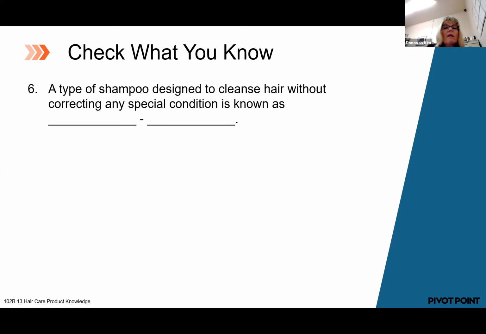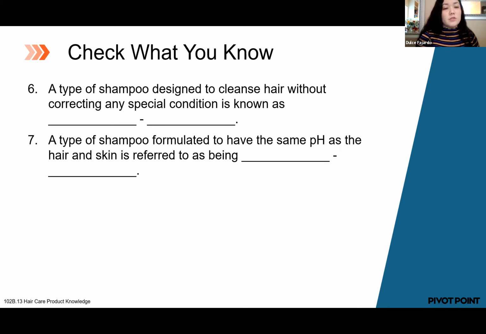Okay, Nick. A type of shampoo designed to cleanse hair without correcting any special condition. I don't know that one, Miss Connie. Okay, let's see how much I can remember. Known as a plain shampoo. We clarifying shampoo.